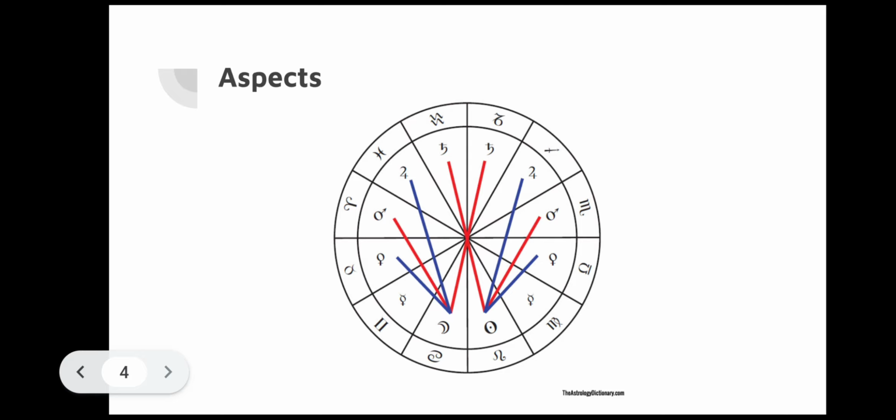A planet is either at the beginning of a season, in the middle of a season, or at the end of a season. And so it's either cardinal, which is initiatory, fixed, which stays the same, or mutable, which is double-bodied, two things coexisting at once. And so all of the cardinal signs, Cancer, Libra, Capricorn, and Aries, are all square each other. The same with mutable, they are all square each other, and the same with fixed signs, they are all square each other.